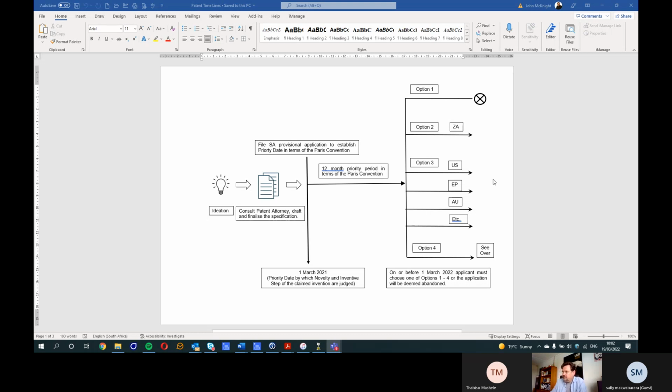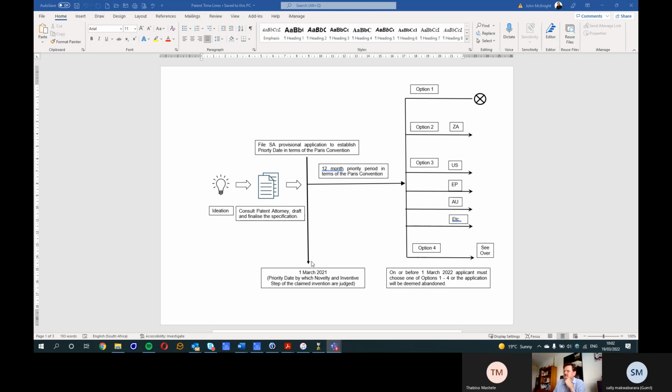Okay. Thank you, Prof. Okay, so that's option 1. You can just take your ball and go home and say, I'm not playing anymore. But your invention will never have been made available to the public. Option 2, you can say, you know what? I'm just going to file in South Africa. So I'm going to prepare my complete specification. I'm going to file it on or before the 1st of March 2022.